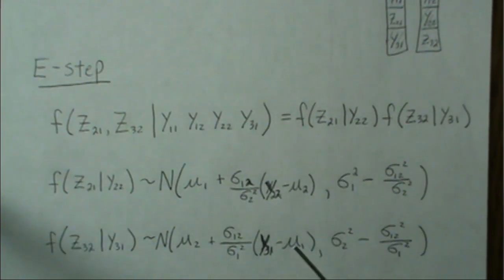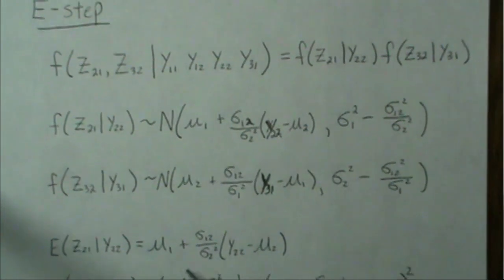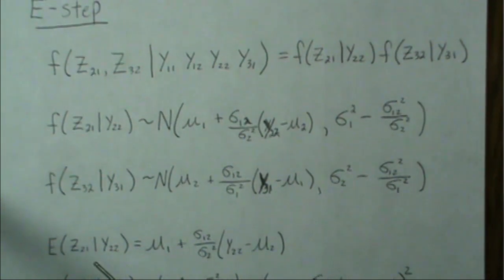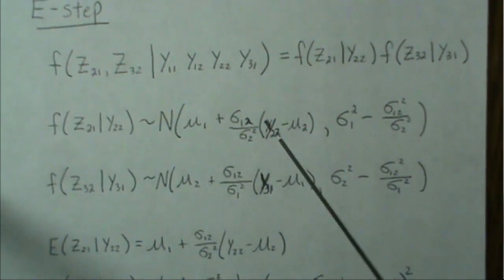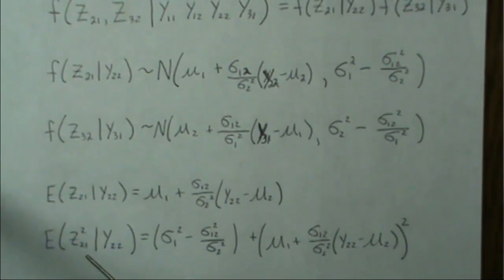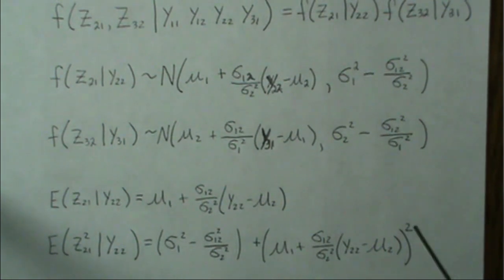So now we want to take the expected value of these, and here's the first one. The expected value of a normal is just the mean. Then the expected value of z21 squared is the variance plus the mean squared.